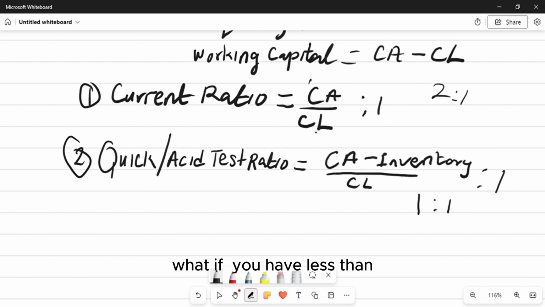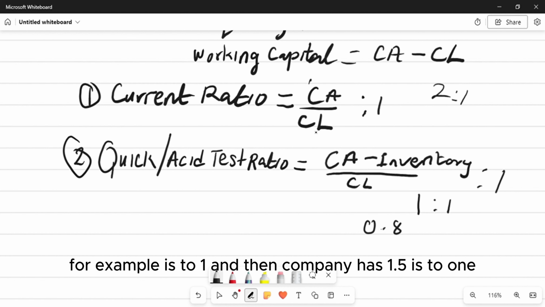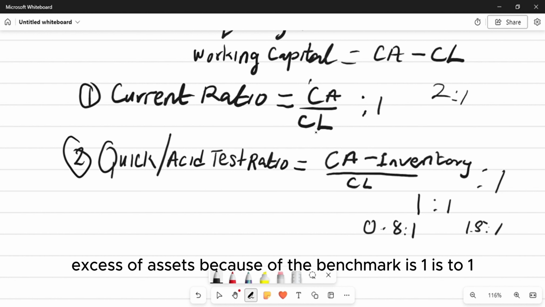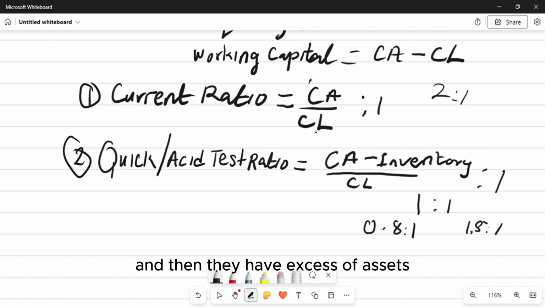But if they have less than this, let's say company A has 0.8 is to 1, and company B has 1.5 is to 1. You can say that company B is under trading because they have excess of capital, excess of assets, because the benchmark is 1 is to 1 and they have excess of assets.